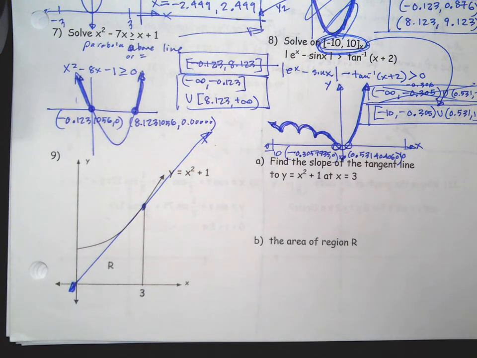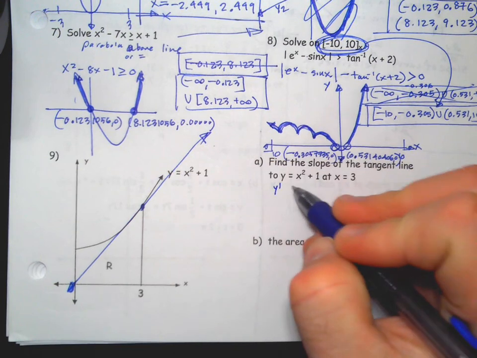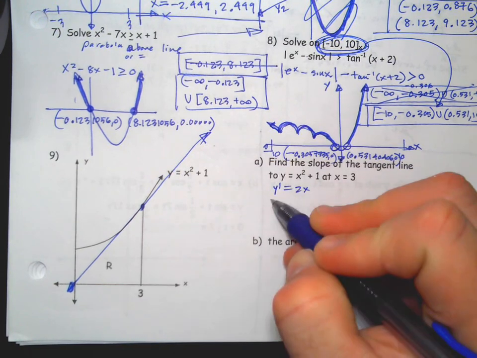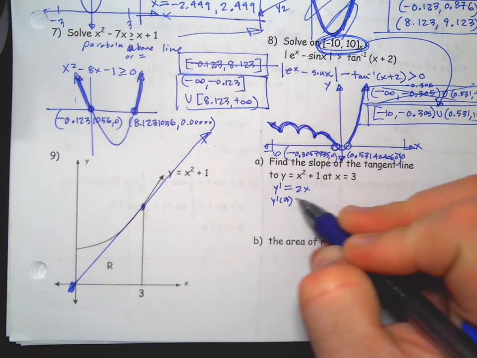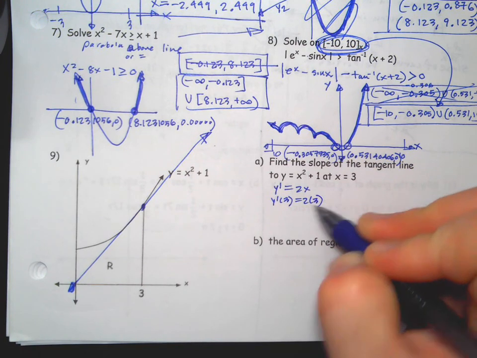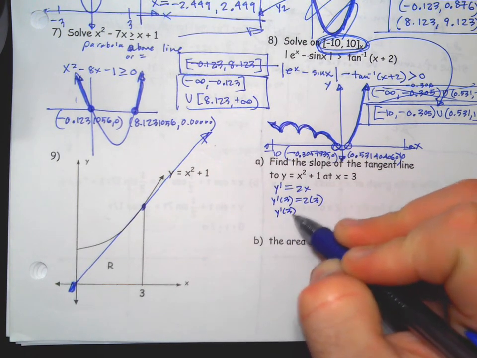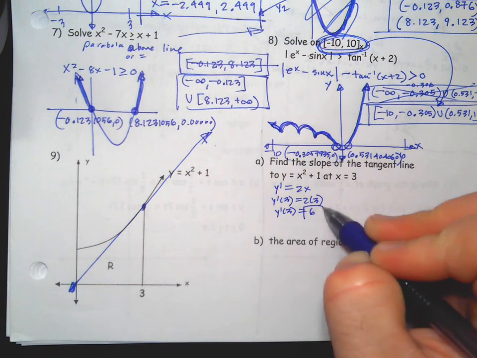If you wanted to, you could just do it by hand. I guess that misses the point of using your calculator, but this is what it should be, exactly 6.